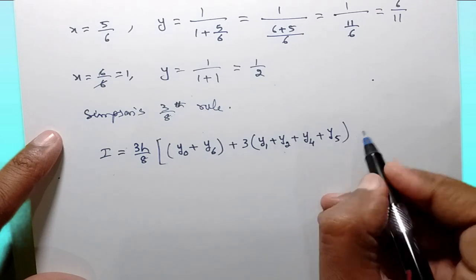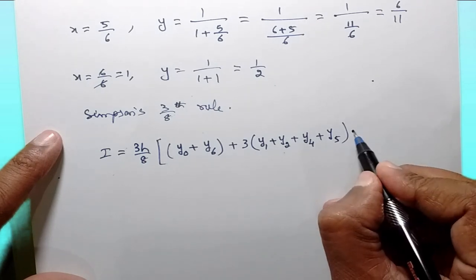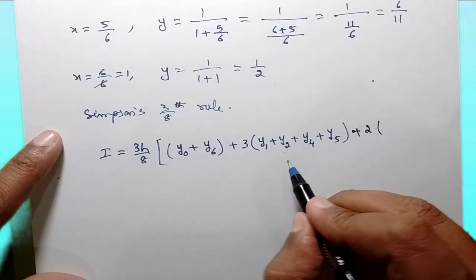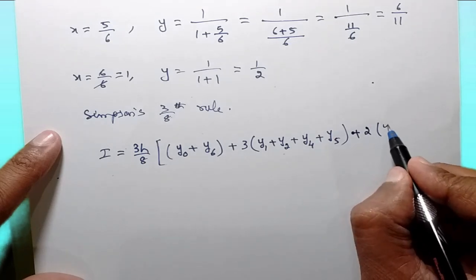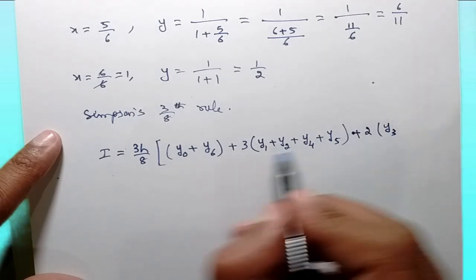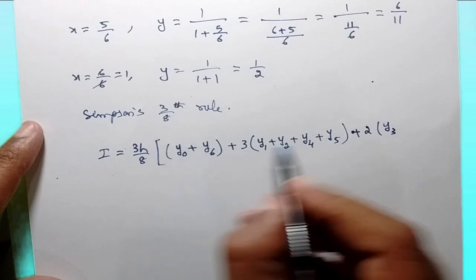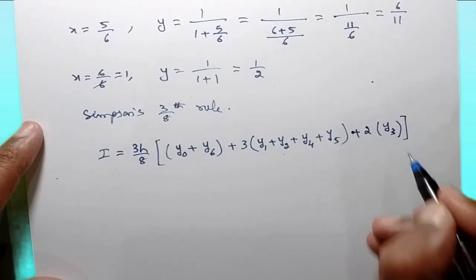Subscript should be non-multiple of 3. Next plus 2 times of, now we will be writing multiples of 3, that means starting with y3. Next value will be y6, but y6 I have already written over here, so I cannot write it again.